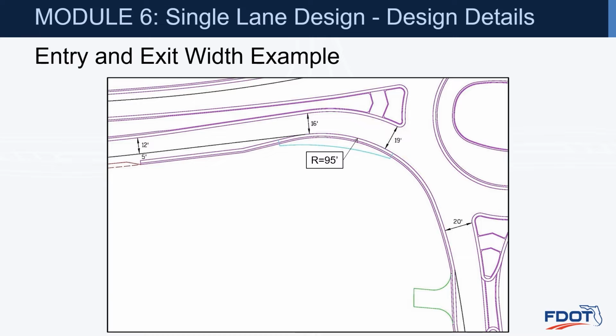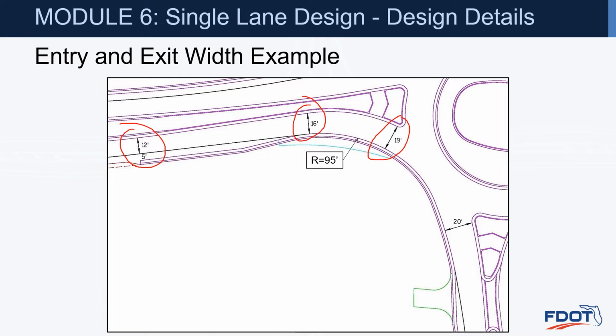Entry and exit width example. This is a nice example showing the flaring of the roadway as we approach the roundabout. Starting off with a 12-foot lane here that widens out to 16, and near the yield line widens out even more to 19, again to accommodate that right turning design vehicle.